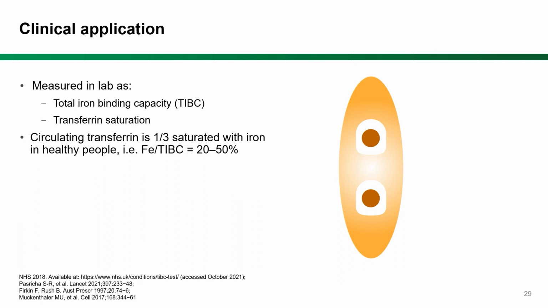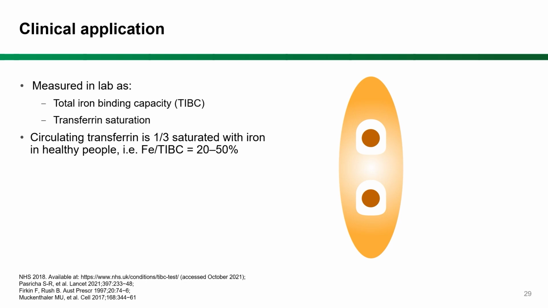Now these terms have been very confusing to many people, and I'm going to explain them now so that they will hopefully become very easy for your future purposes. Just note that about 1/3 of the seats on these two-seater canoes called transferrin are saturated with iron in healthy, normal people.